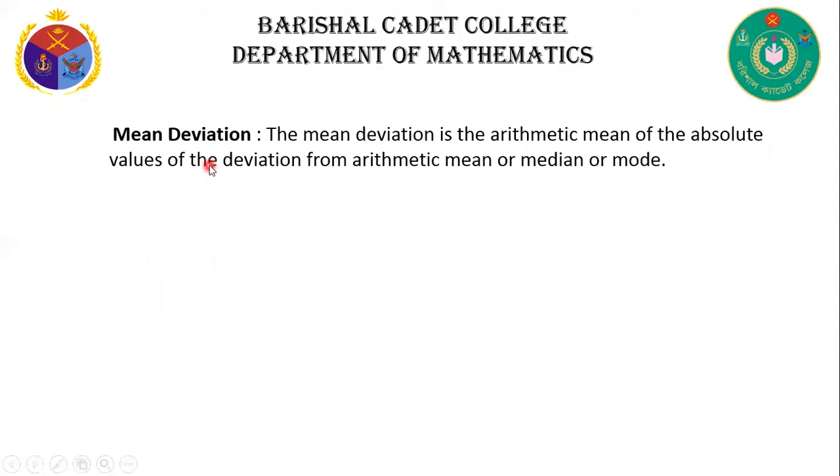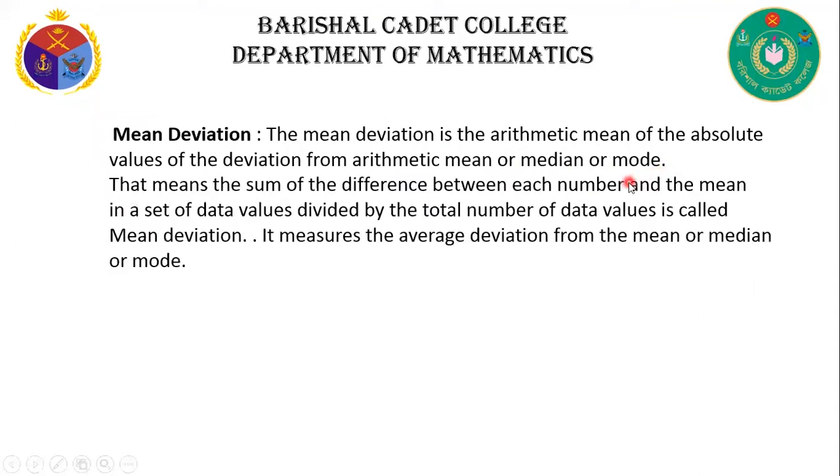Now, mean deviation. The mean deviation is the arithmetic mean of the absolute values of the deviation from arithmetic mean or median or mode.